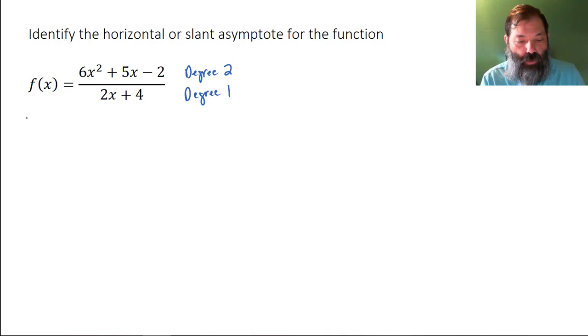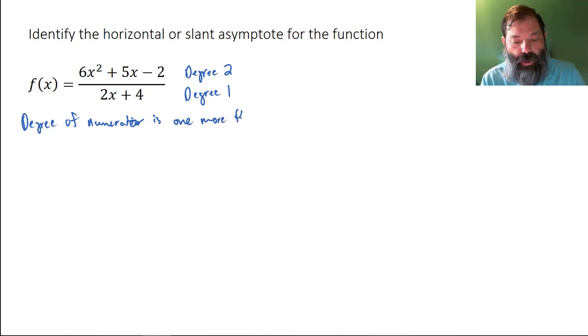All right, so if the degree of the numerator is 1 more than the degree of the denominator, that tells us we have a slant asymptote.